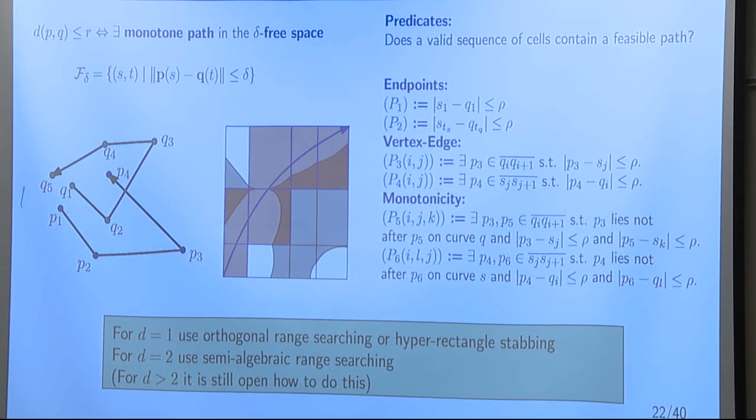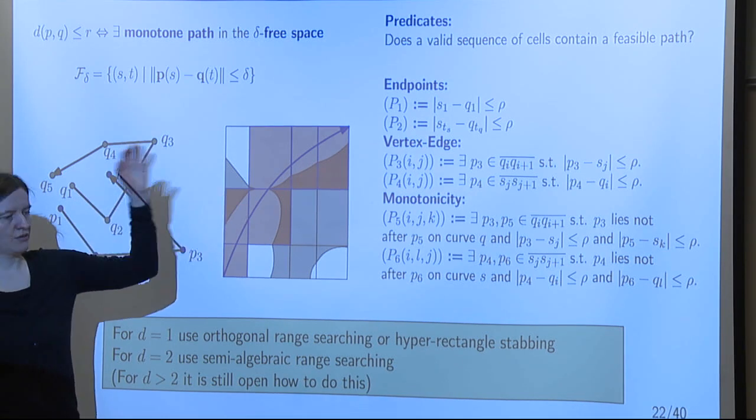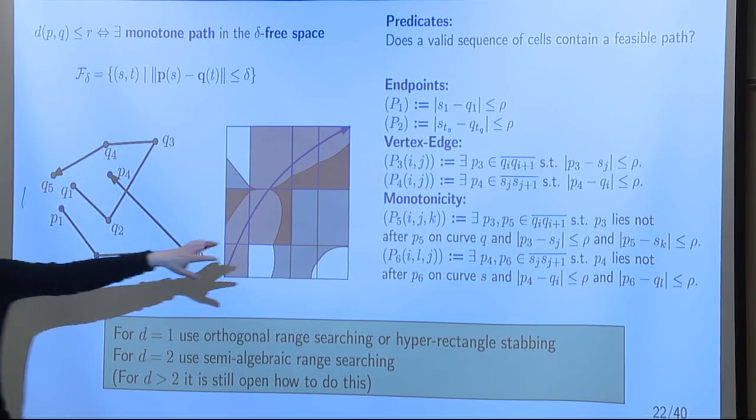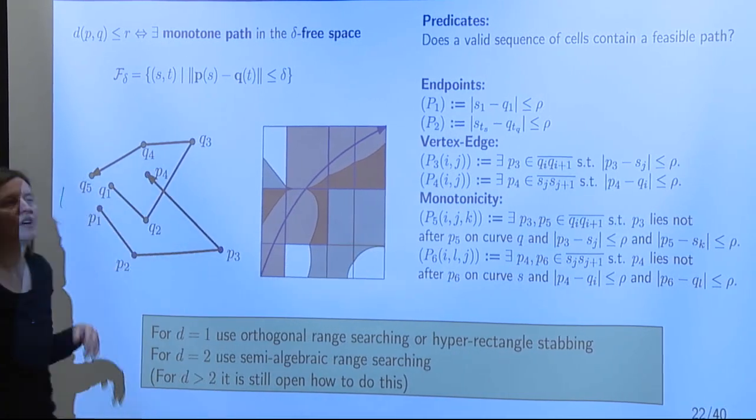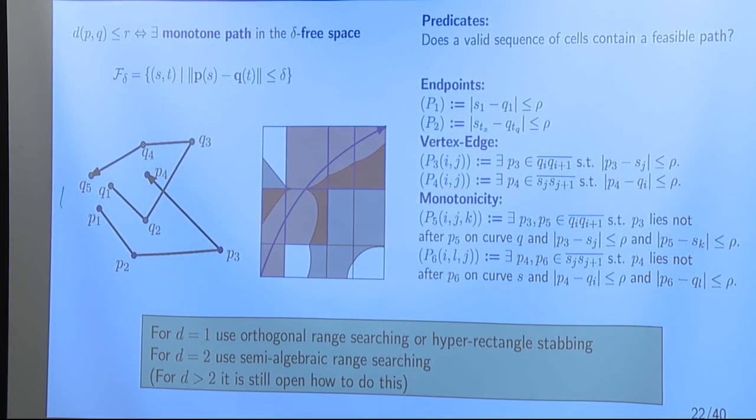For d equals 2, we were able to put these into semi-algebraic ranges, and the difficult one was the monotonicity one. There we played some tricks to be able to capture this with semi-algebraic ranges. But we were not able to do it in higher dimensions because some square roots showed up.